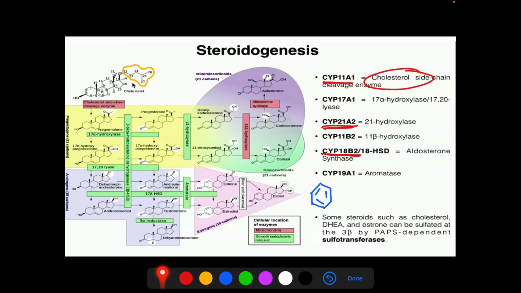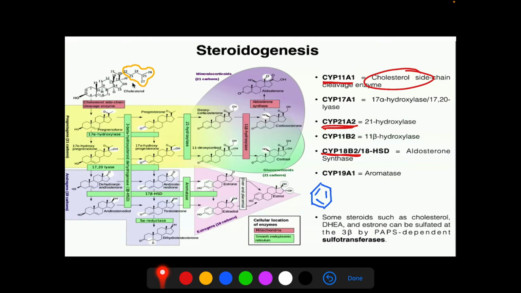So aromatase will convert androstenedione to estrone, which is a less active estrogen. And then testosterone can also be aromatized in the same manner, which produces the primary estrogen, which is estradiol. So I hope you get that one.